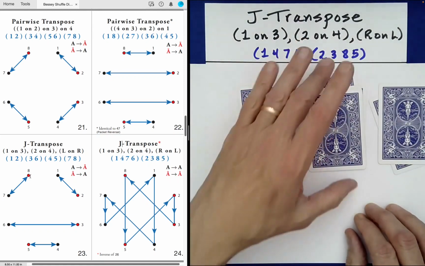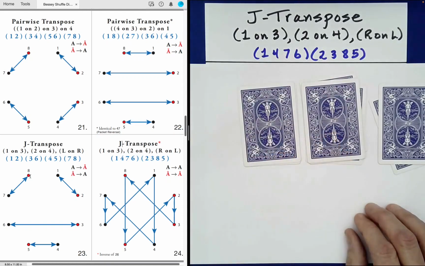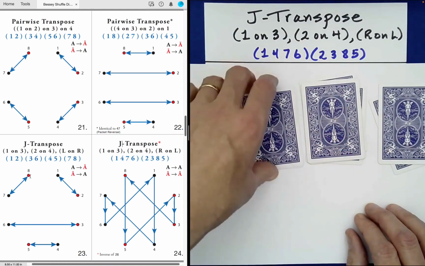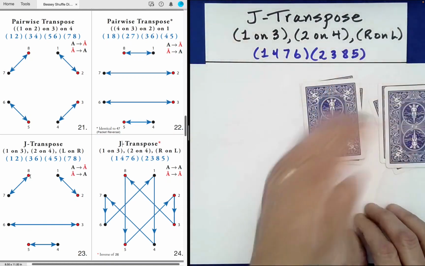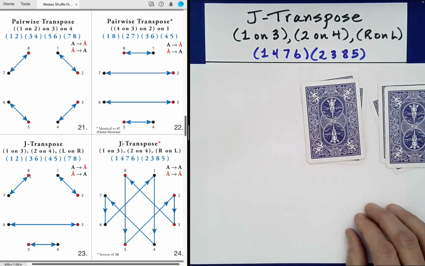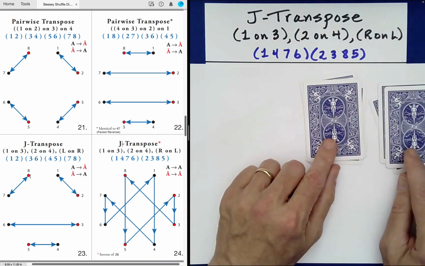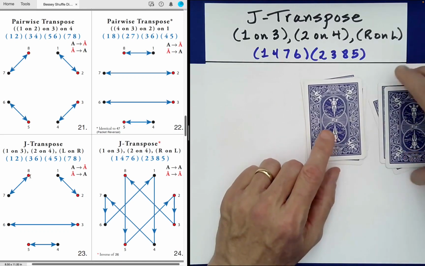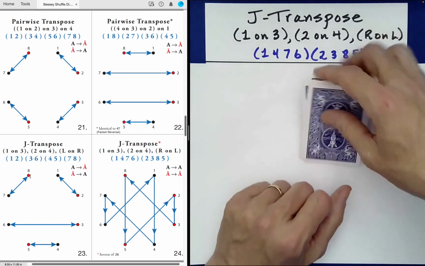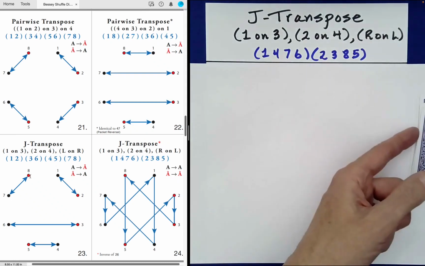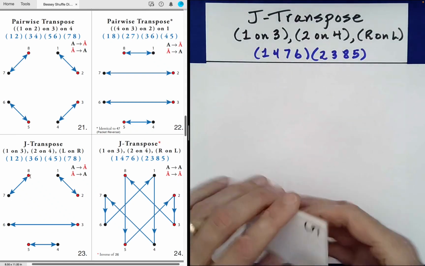We can think of that as kind of a leapfrog stacking. Pile 2 on top of pile 4, also a leapfrog action. But this time, in contrast to shuffle 23, the previous shuffle, we're going to stack the right pile on top of the left.